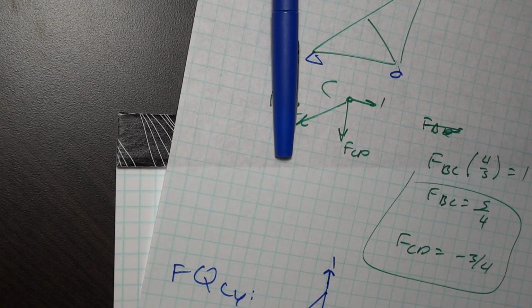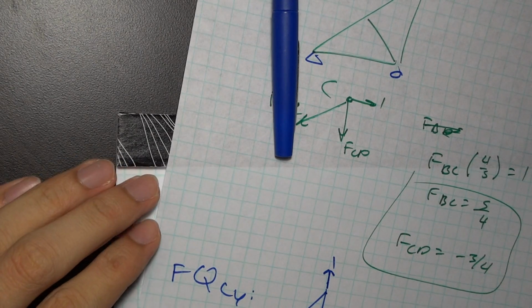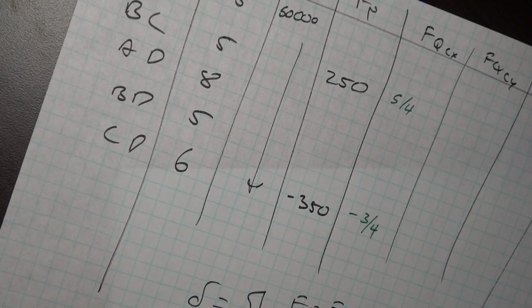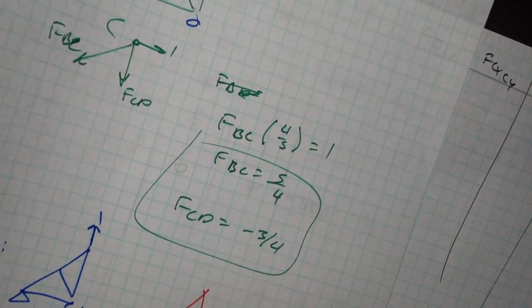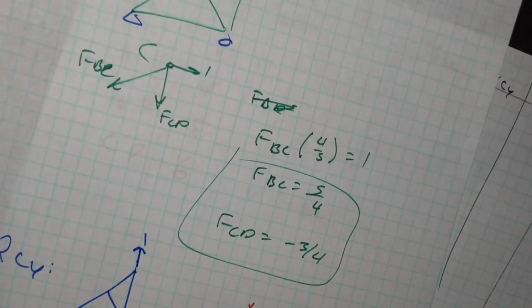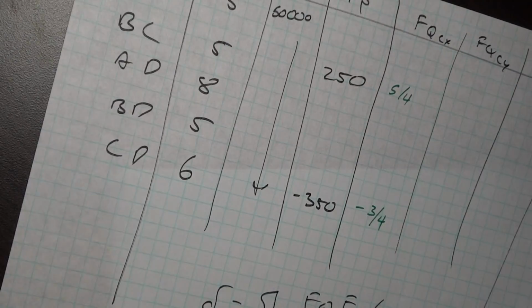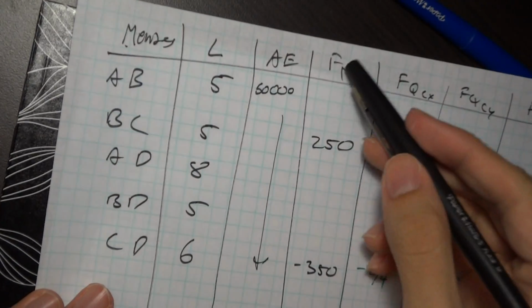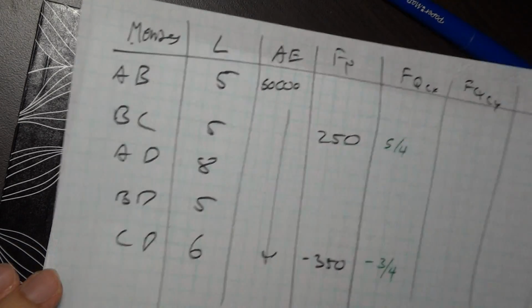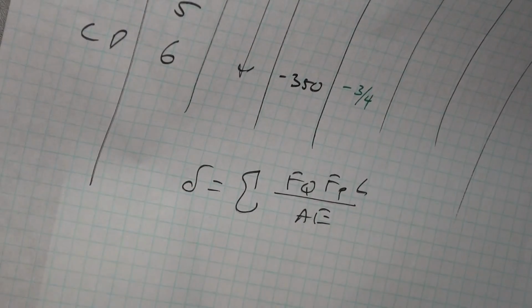Okay, so that is pretty much everything. I would fill all of these member forces into this row. When I'm done with that, I would then have 5 filled out rows, right? Some of the numbers might be 0, but I would have 5 rows.